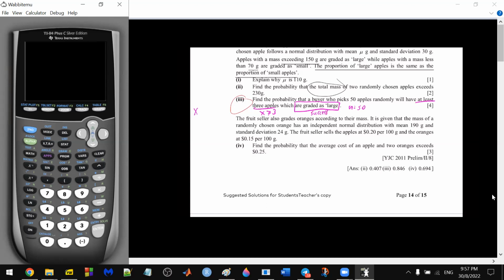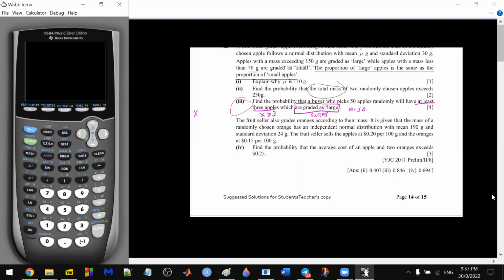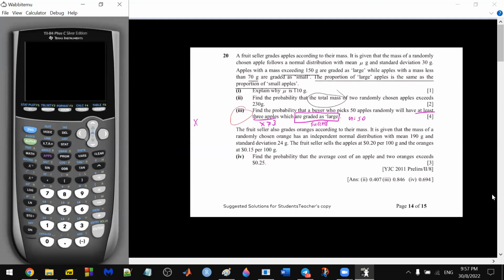The failure will be the complement, which is not large. Right? And it's a fixed probability. Each time you pick an apple, I think it's safe to assume it's independent. Okay, maybe if you start thinking of the biology and ecology, maybe there's some effect. But you don't need to think so hard, just pretend it's independent. So it will satisfy all the requirements to be a binomial distribution.